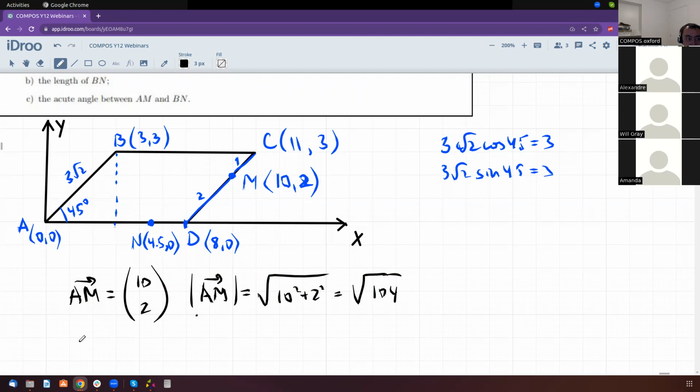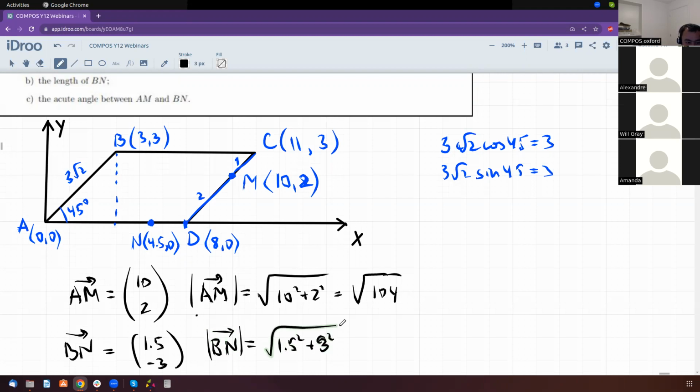Now BN is also a vector, which is 1.5 minus 3, because it's N minus B, and the modulus of BN is 1.5 squared plus 3 squared. It's going to be 9 plus 1, so it's going to be 10.25.